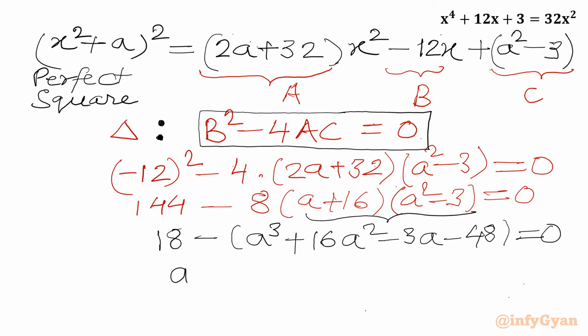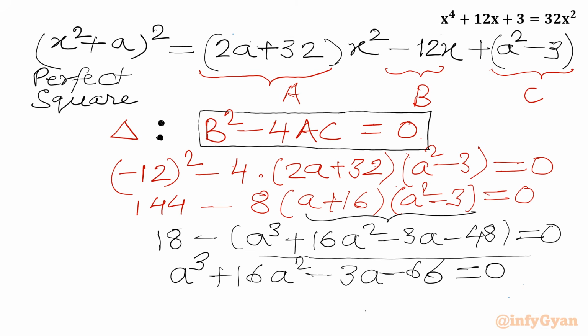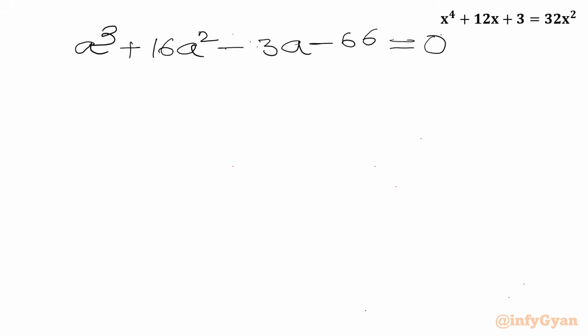So we'll be getting one cubic equation, a cube plus 16a square minus 3a minus 66 equal to 0.